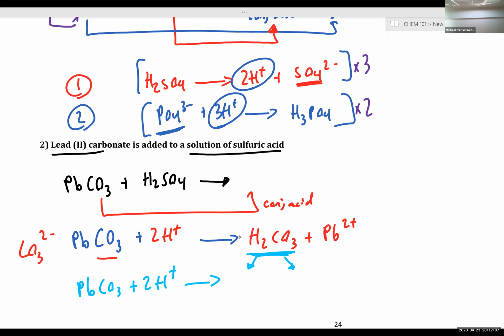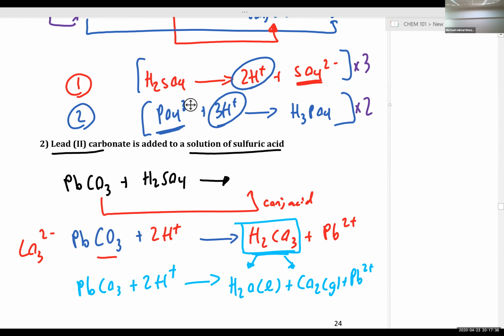Not the lead carbonate, this carbonic acid, this H2CO3. What does it decompose into? You typically see bubbles in this reaction. Think like baking soda and vinegar. So just as a reminder, carbonic acid decomposes to yield water and carbon dioxide.